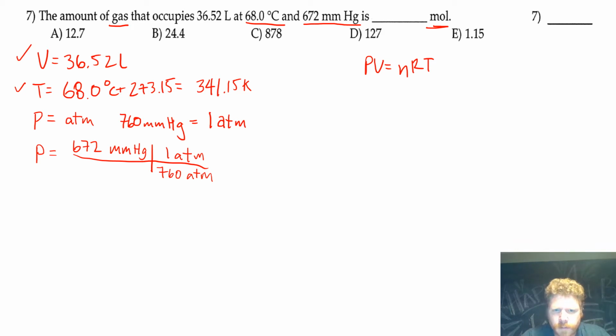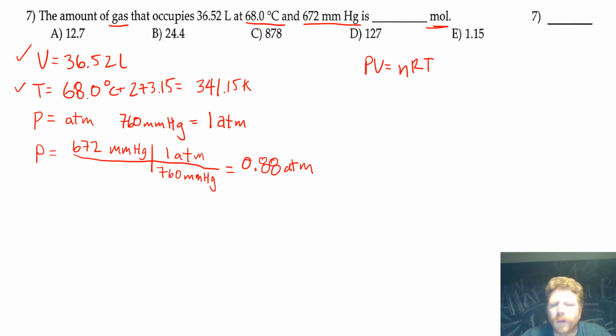Sorry about that, there was a typo there: 760 millimeters mercury is equal to 1 ATM. When you do this conversion, it comes out to something like 0.88 ATM.